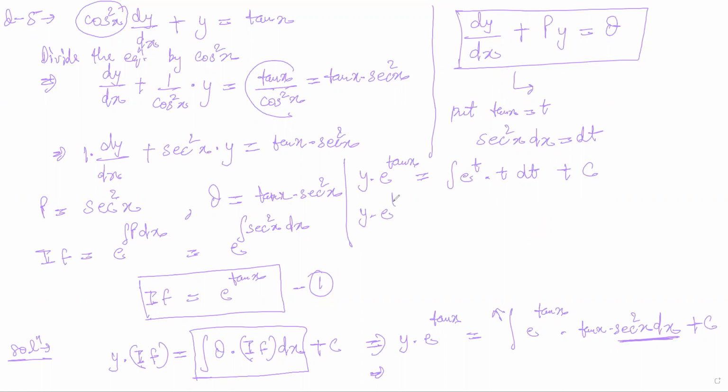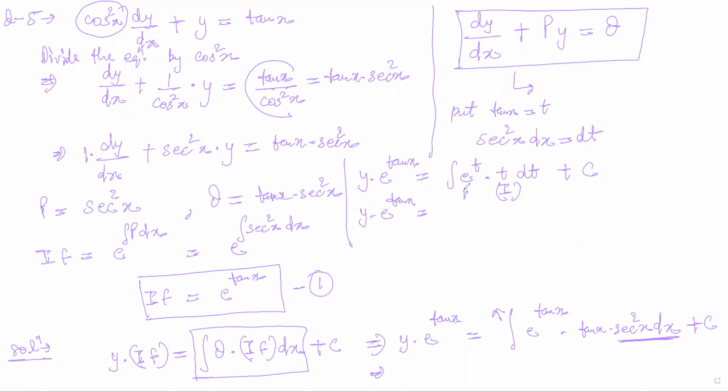Y into e to the power tan x is equal to what will be the first function and what will be the second function? In your terms, what will be u and what will be v? U is t and v is e raised to t.